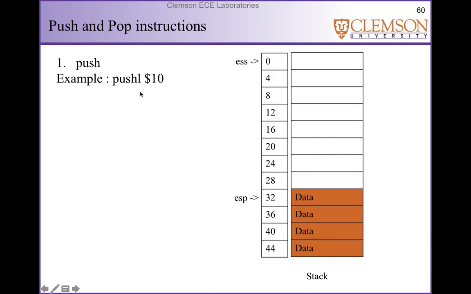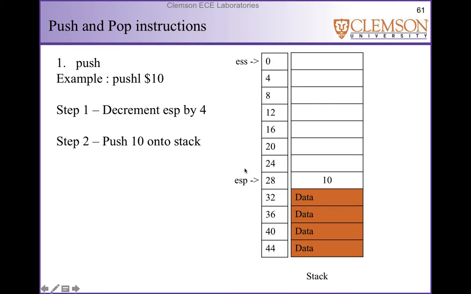Now push $10 will push 10 into data. So first, step 1, we decrement ESP by 4 bytes. And once it's decremented, it'll push the number 10 into the stack.